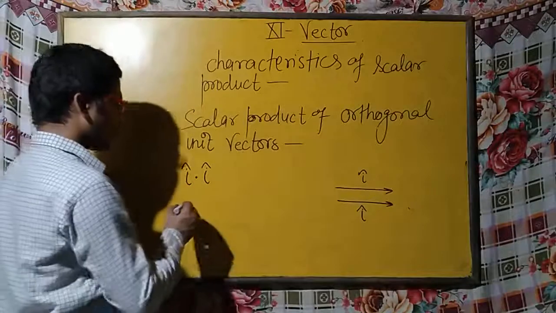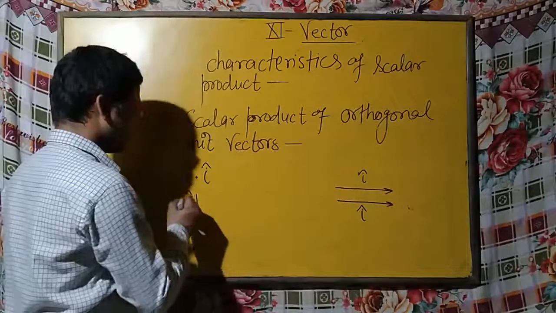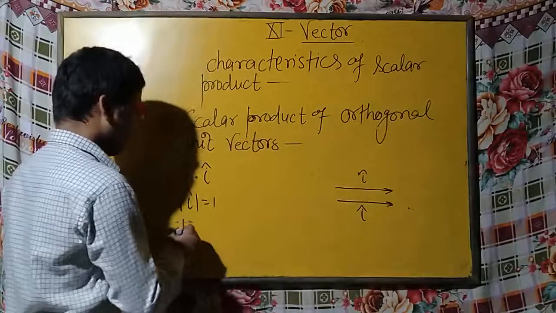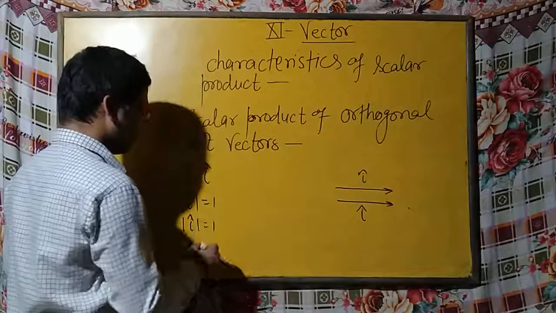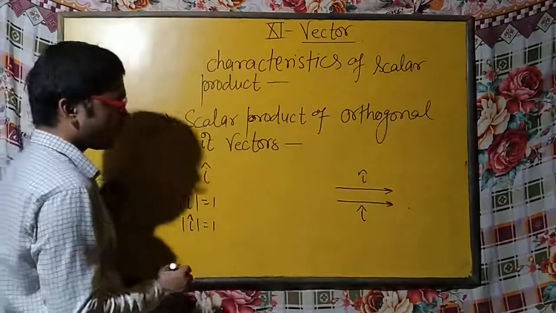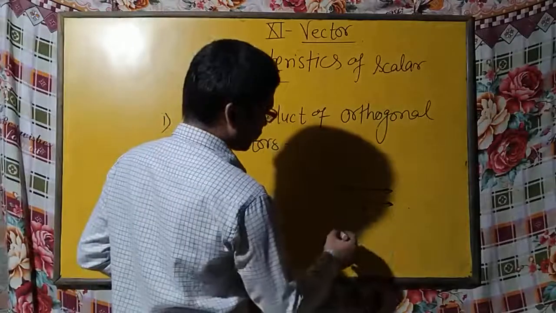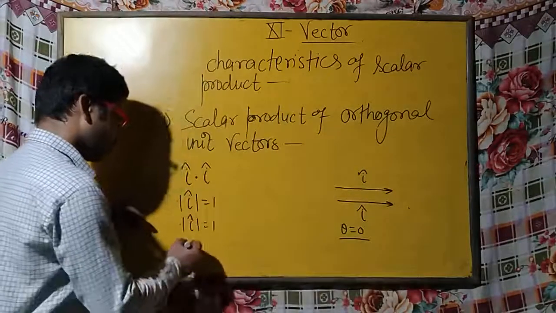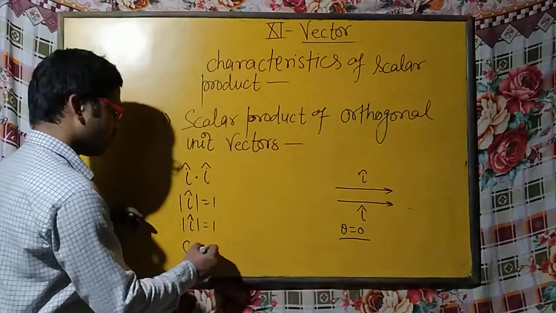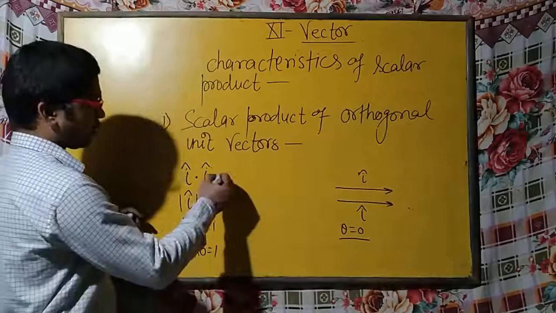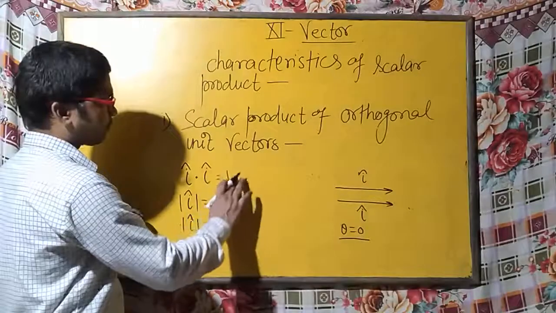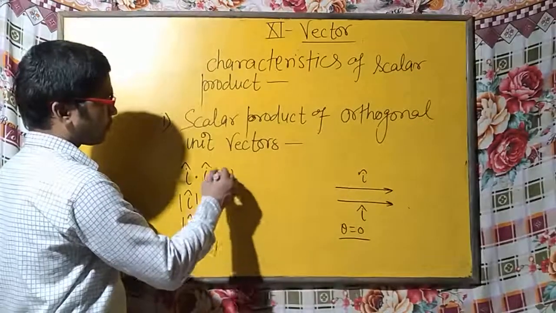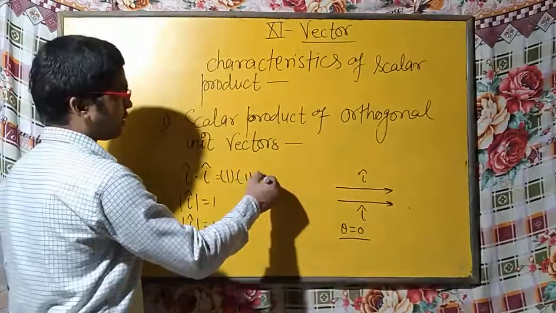The magnitude of i cap is 1, again the magnitude of i cap is 1, and the angle between these two, theta, is 0 degrees. So cos 0 is 1, so your answer is 1 into 1 into 1.